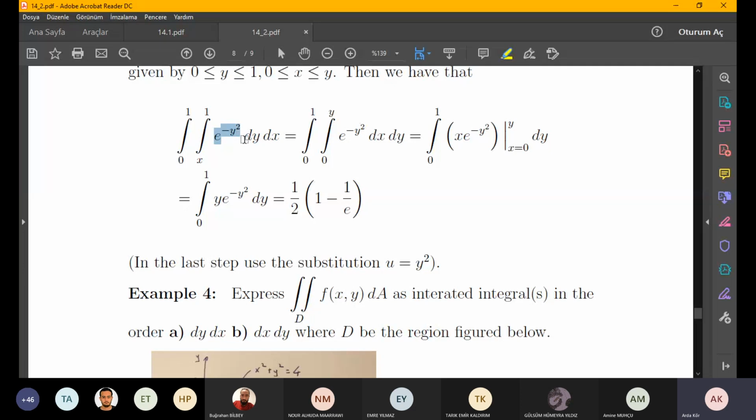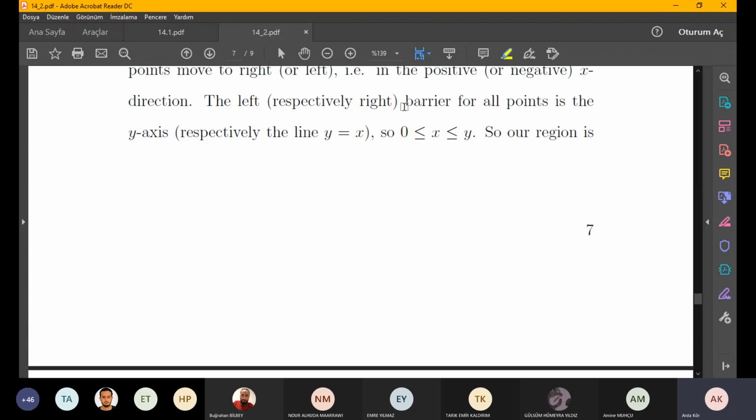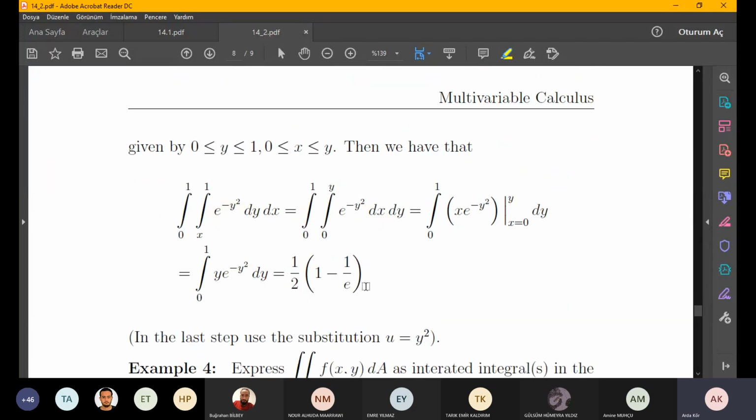Here we change the limit of integration from 0 to y, which we express here, and after that the integral from 0 to 1.